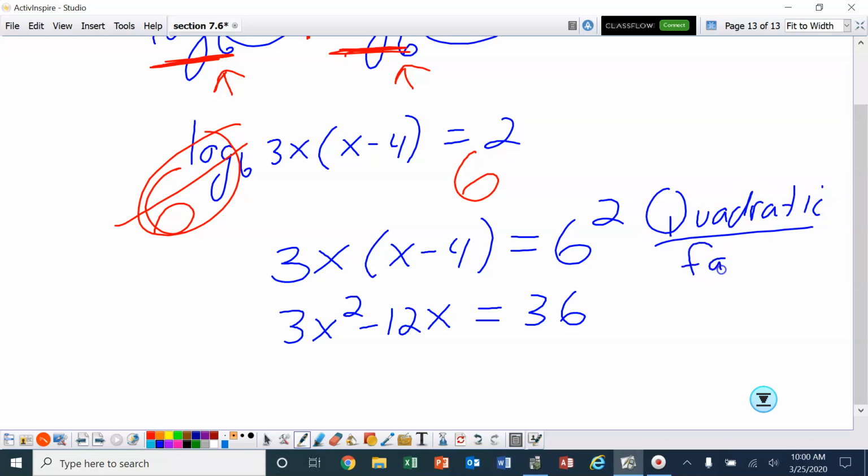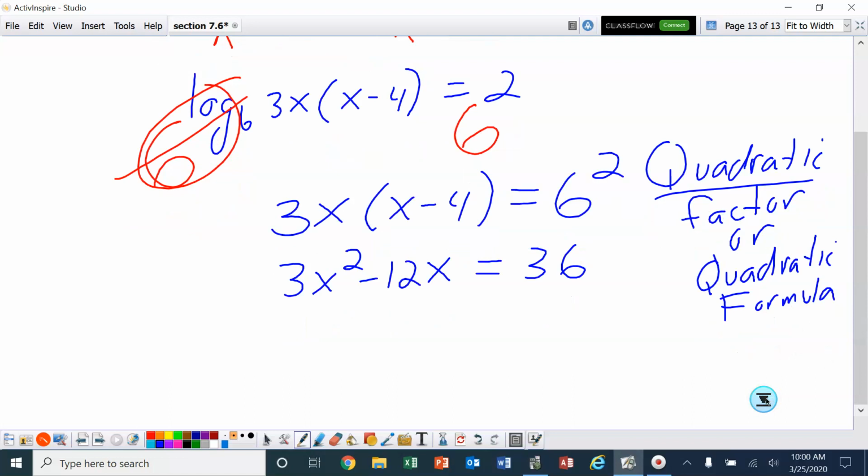You can either factor or use the quadratic formula. I'm going to see if I can factor it. Either way, I need to set it equal to 0, so I'm going to take away the 36 from both sides.